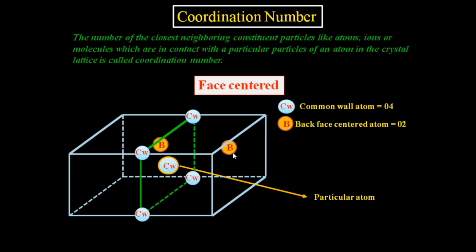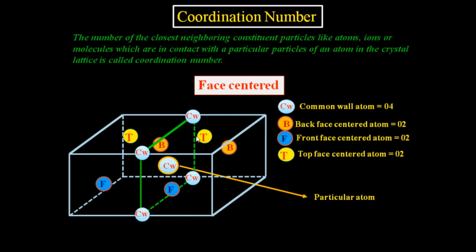These 2 atoms are present on the back face of both cubes, and this is also in contact with this, so its number becomes 2. Again, 2 are present in the center of the front face in both unit cells, so its number becomes again 2. 2 atoms or spheres are present in the center of the top face.